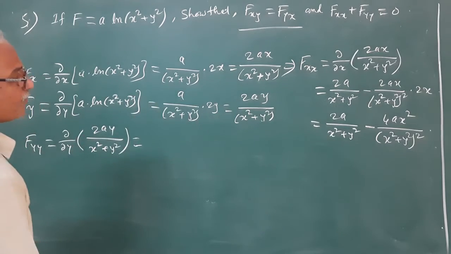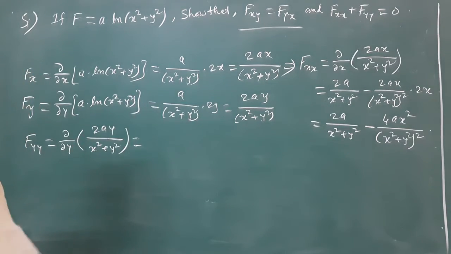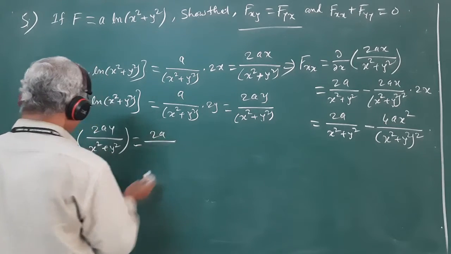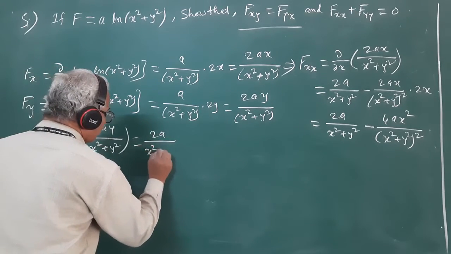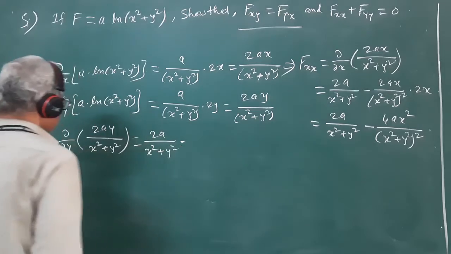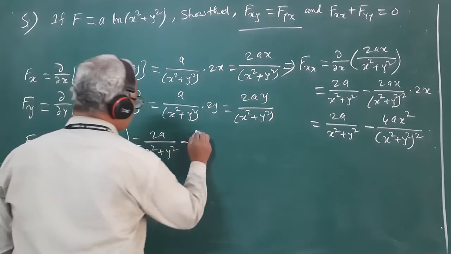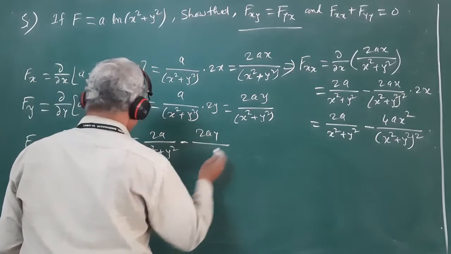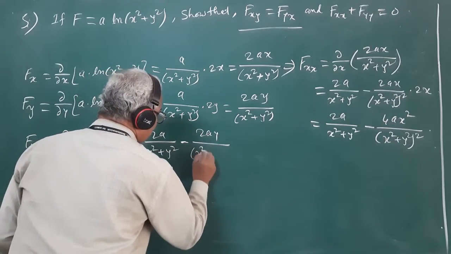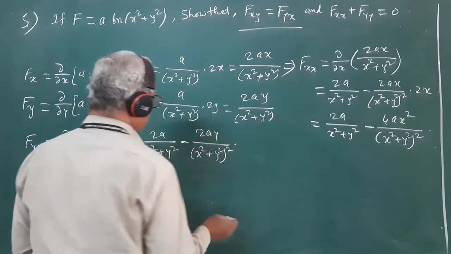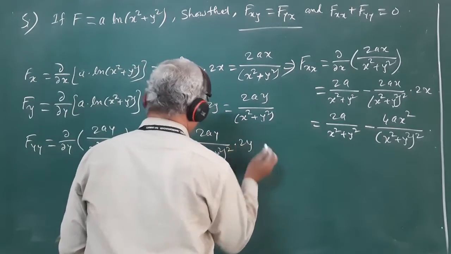Again using the product rule for differentiation, we can express it as 2a divided by x² + y² minus 2ay divided by (x² + y²) whole square into 2y.